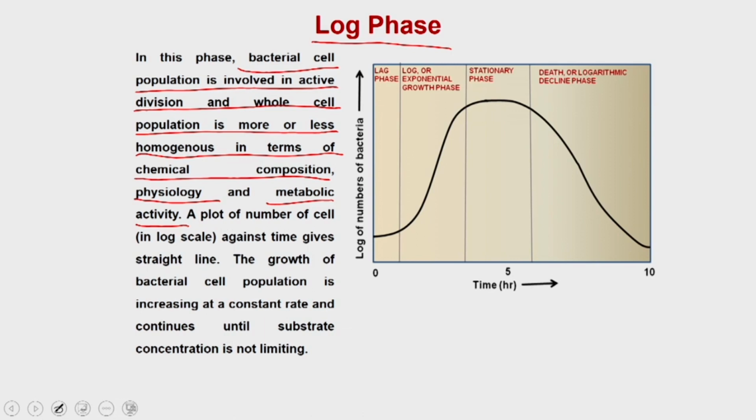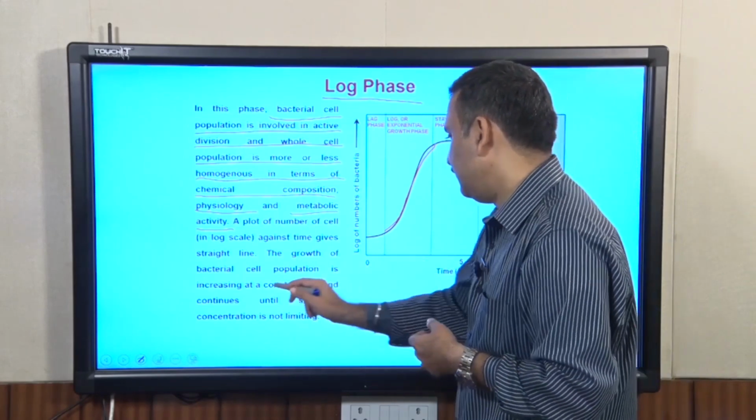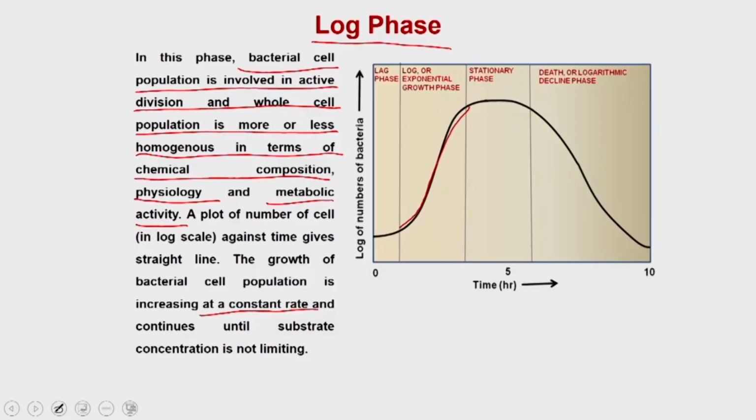In this time, the log of the bacterial number of colonies versus time is in proportion, which means if you count the number of bacteria, the bacterial cells replicate very rapidly, because the bacterial cells are increasing at a constant rate, and it continues.